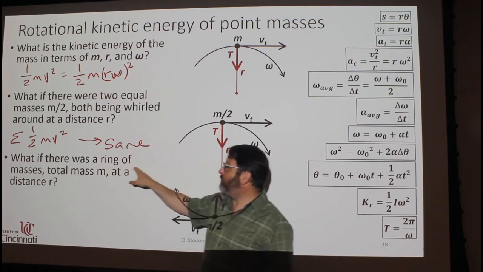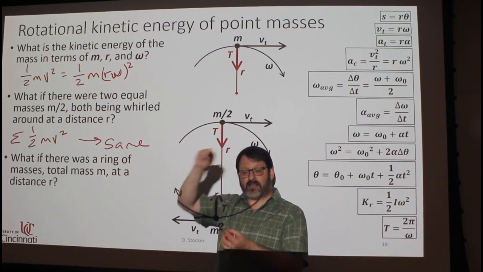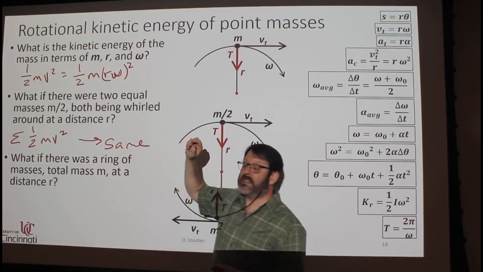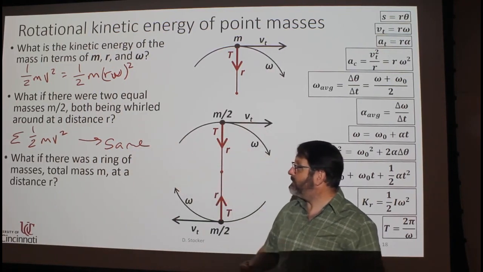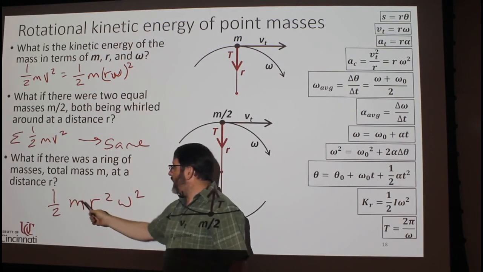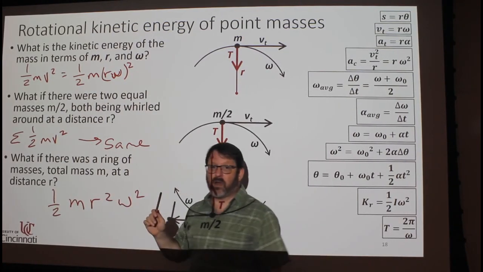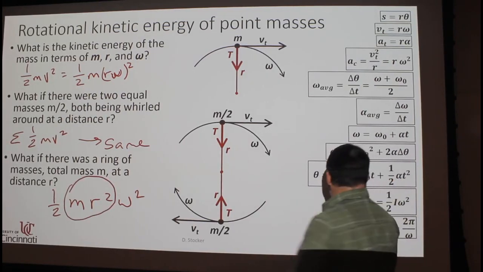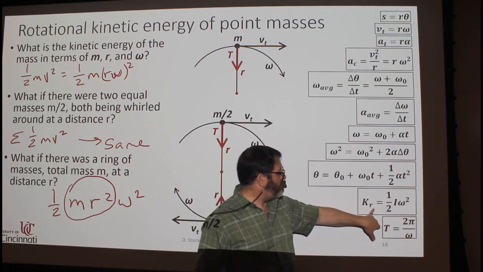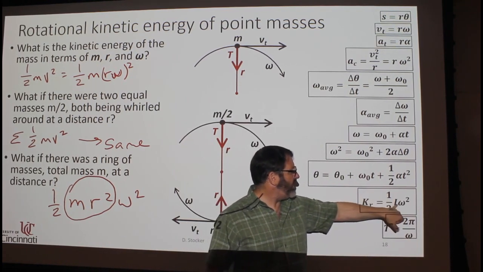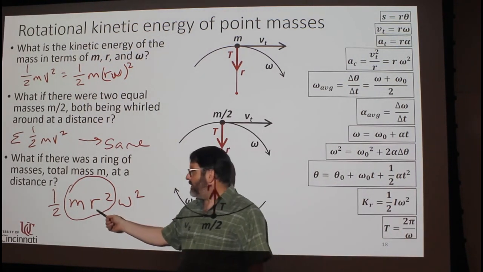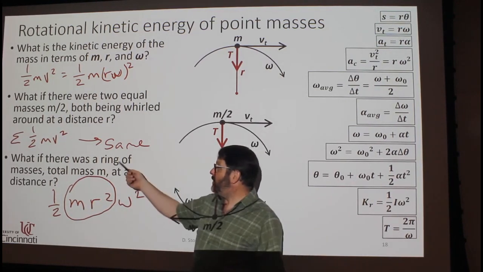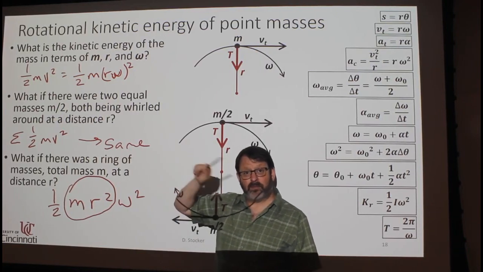So if there was a complete ring of mass m, at a distance r from the center, we would have the exact same kinetic energy as up here: 1/2 m r squared omega squared. And if you look here, you can see KE rotational is 1/2 I omega squared. That means m r squared has to be I for a ring or a hoop.